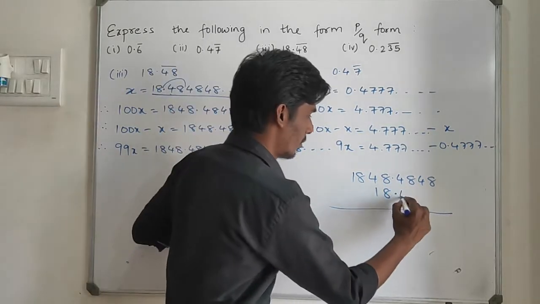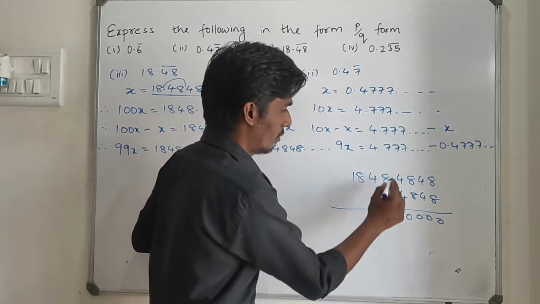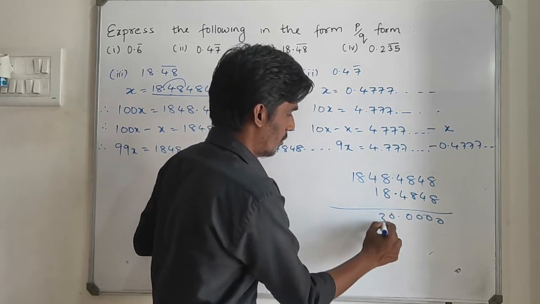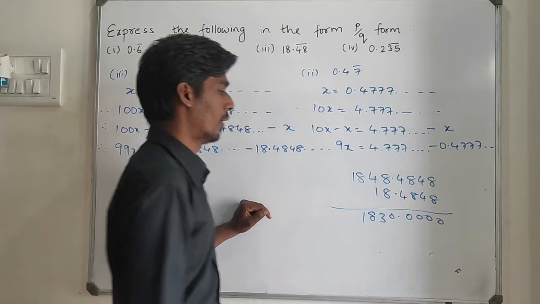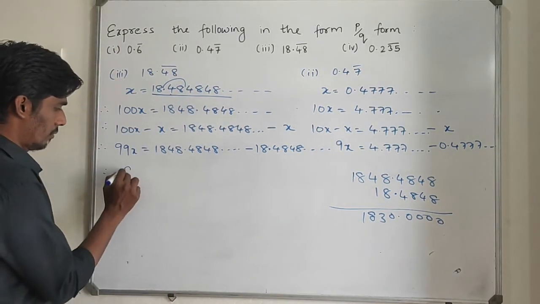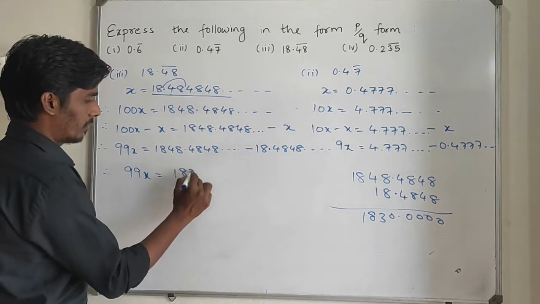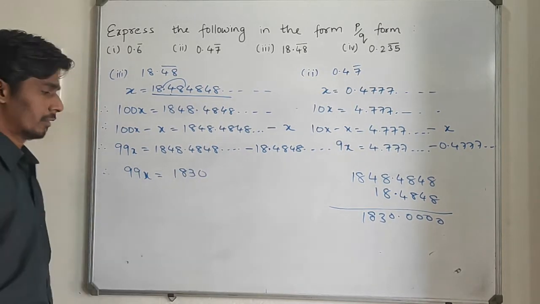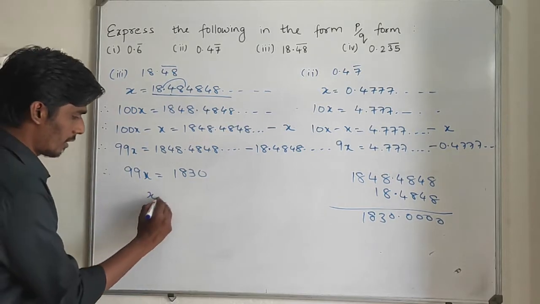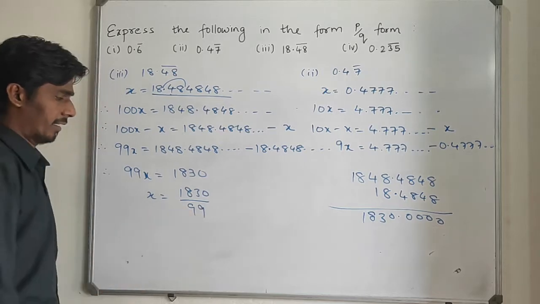And again this 4848 as it is, 0 0 0 0. How much did I get here? 99x equals 1830. Now take this 99 here, x equals 1830 upon 99.